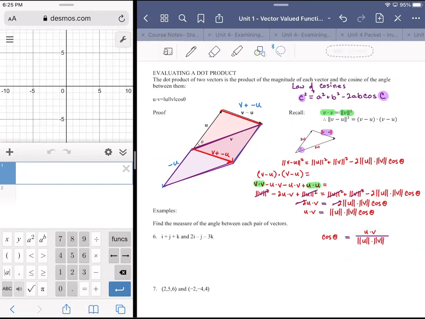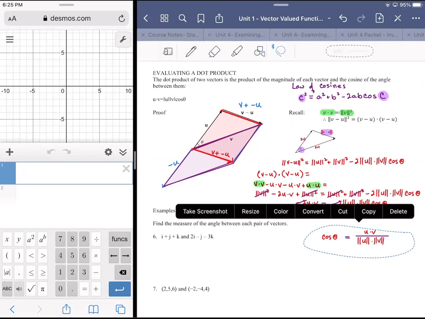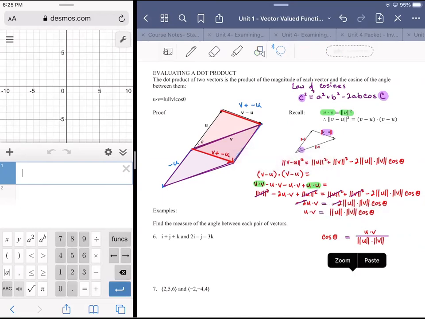I can go a further step and find the inverse cosine of both sides. And now I have a means for figuring out the value of theta.